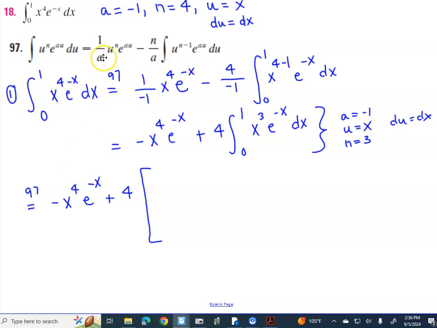So now using 97 again, we have 1 over a, which is -1, times u, which is x to the power of n, which is 3, times e to the negative x, minus n, which is 3, over a, which is -1. Again, going from 0 to 1. And then this becomes x to the power of 3 minus 1 times e to the negative x, and that is dx.